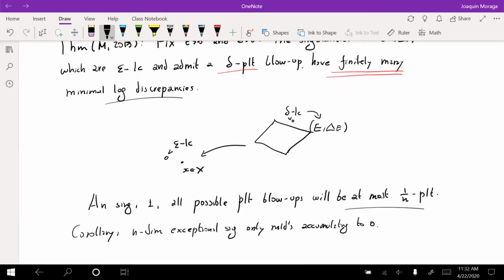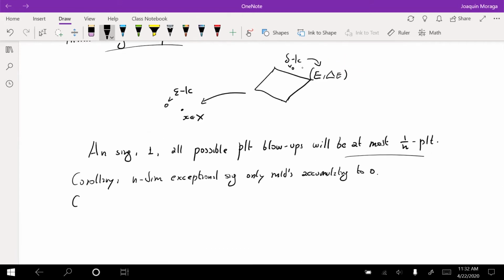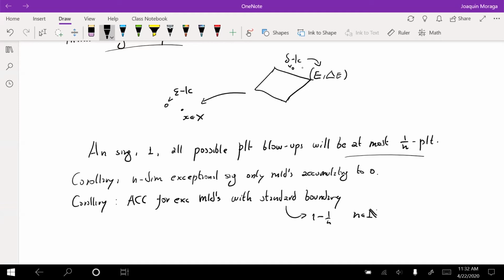Okay, I see. Essentially, one corollary of this theorem is ACC for exceptional MLDs with the standard boundary. A standard boundary means of the form 1 minus 1/n, where n is some positive integer.